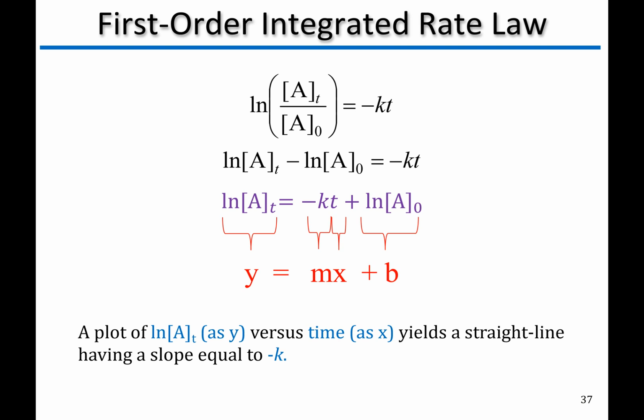So the plot of the natural log of A sub t as y versus time as x yields a straight line plot with a slope of minus k. And that'll come into play again in just a few seconds. So just remember, if I have a first order rate law, if I plot the data based on this equation, it should be a straight line and the slope should be equal to minus k.